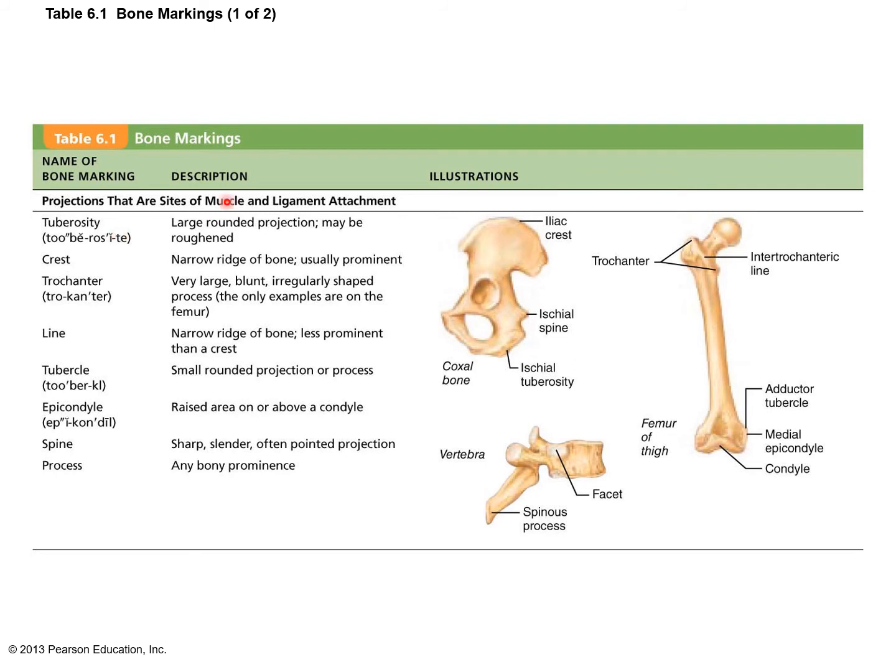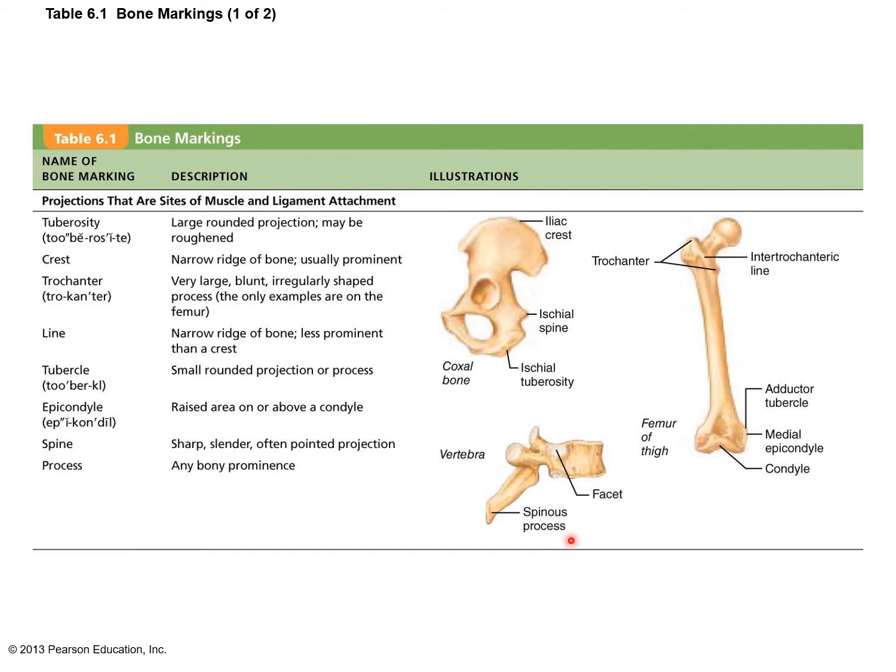So, for example, if you're looking at your femur, this region right here is known as the trochanter. When you see trochanter, crest, spine, or process, all of these terms are basically points of attachment.